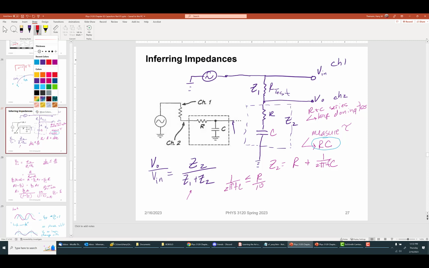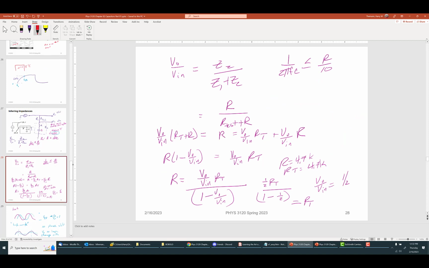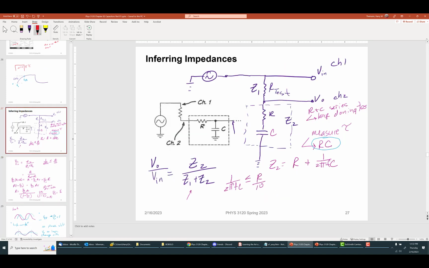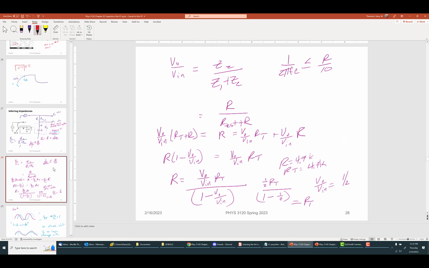Then the internal resistor, capital R, dominates. We do that by cranking up the frequency, because the Z of the capacitor gets smaller and smaller with higher frequency. Once we know that's true, then this equation becomes this equation, and we can go through this algebra and come up with this final equation.